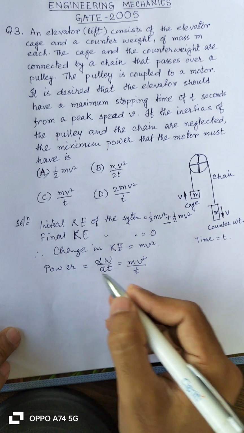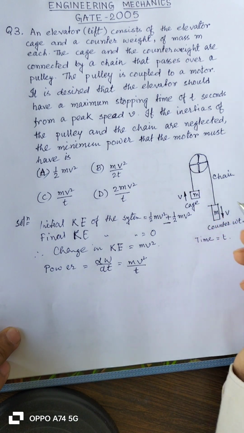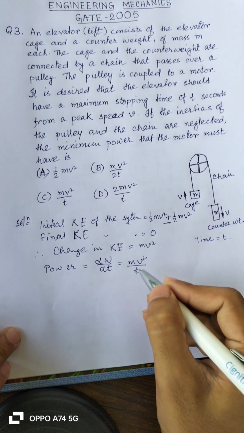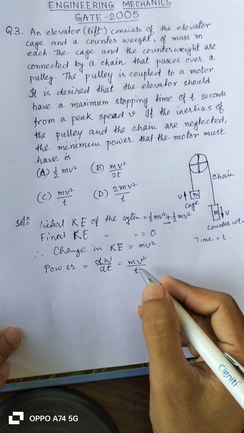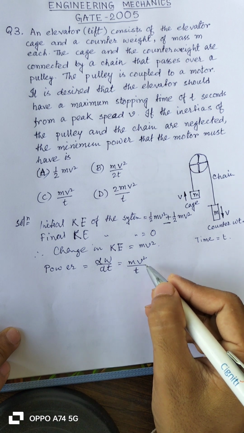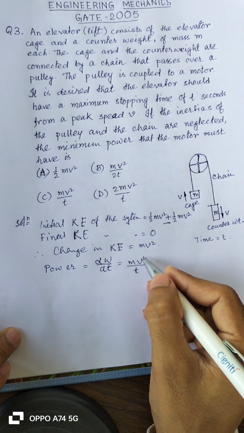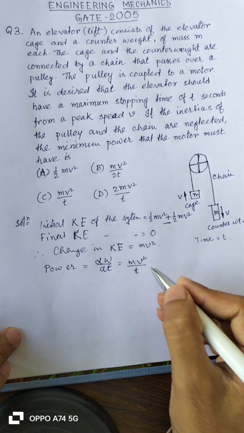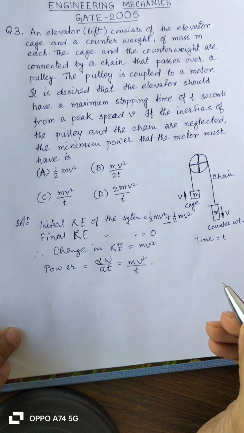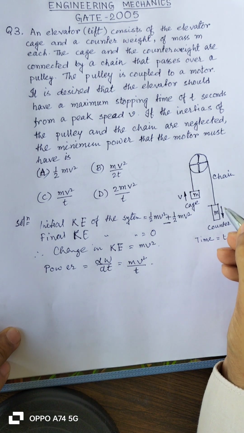This is the power required to stop this system. Who will supply this power? The motor will supply this power. That means the motor must be capable of supplying a minimum of this much power. Then only the motor will be able to stop the system.